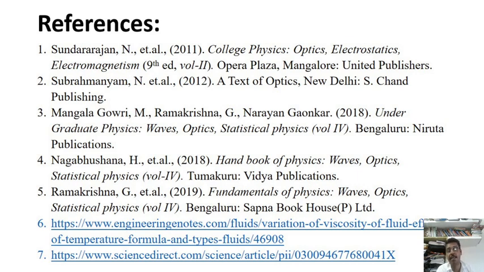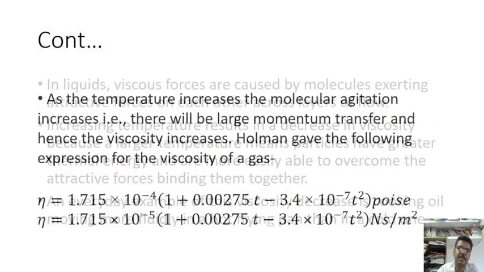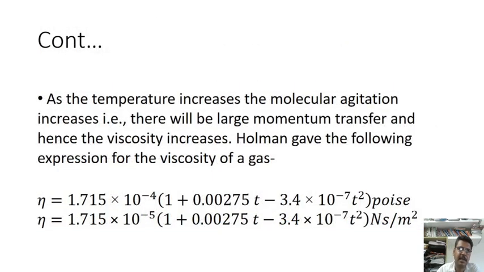Already we have made two different kinds of viscous liquids: lower viscous materials and higher viscous materials. Lower viscous materials have a lower viscous force, say water and kerosene.